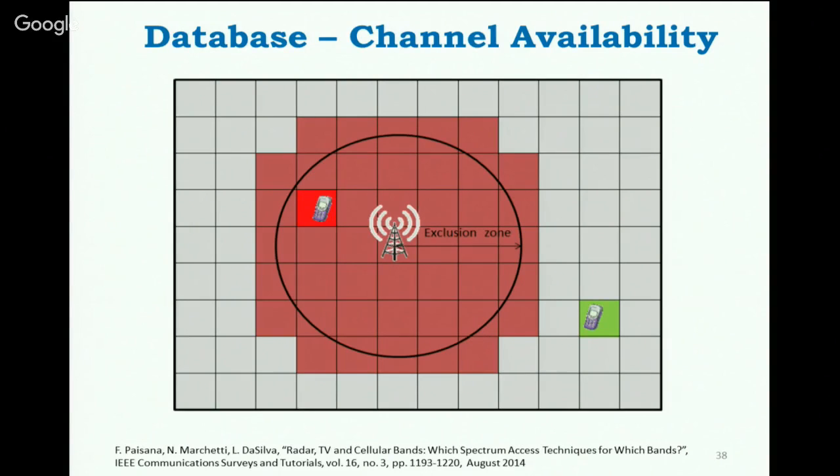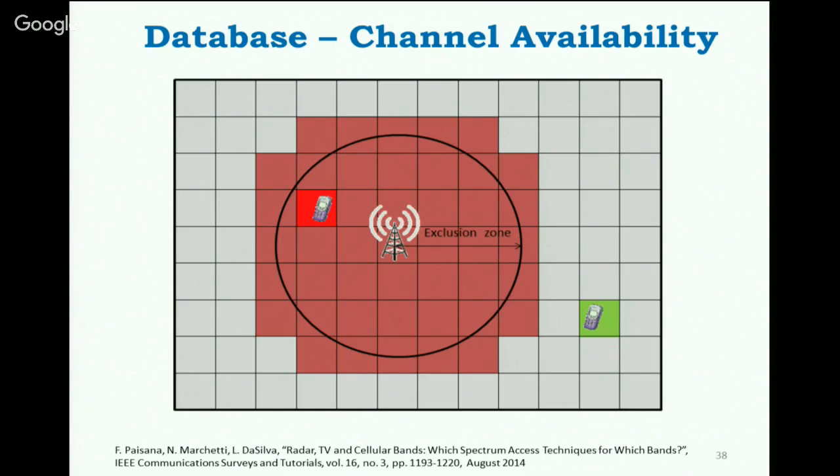Because then you can shape the exclusion zone in a better way. On the other hand, there is a lot of information to process for the database, right? If you have a lot of pixels, because you have to collect all this information and take decisions. So eventually you don't want the pixel to be so small that it takes a lot of time to take a decision, right? You want also some flexibility.